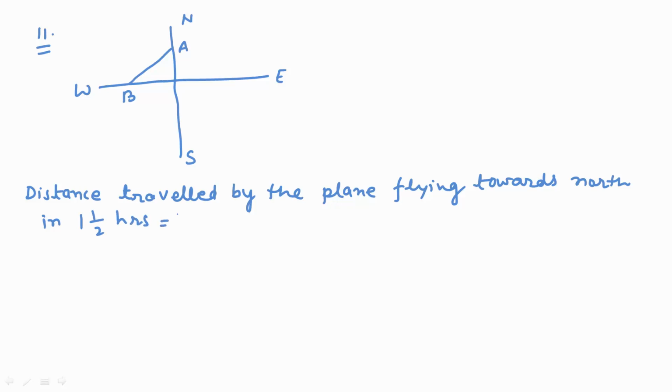For the north direction, speed is 1000 km per hour and time is 1.5 hours. So distance traveled is equal to speed into time. 1000 into 1 whole 1 by 2, this will be equal to 1000 into 3 by 2, this is 500, and 5 3s are 1500 kilometer.